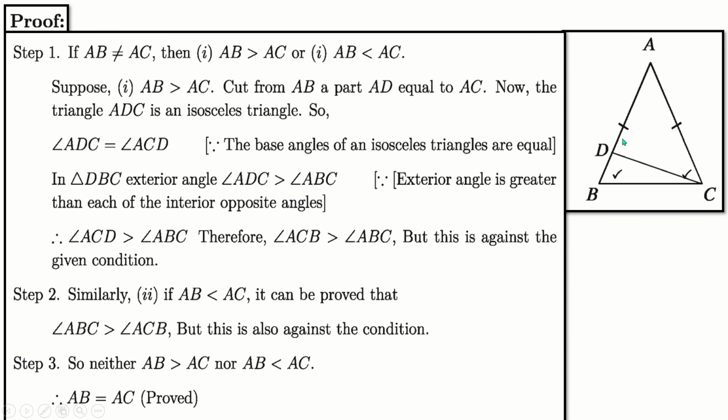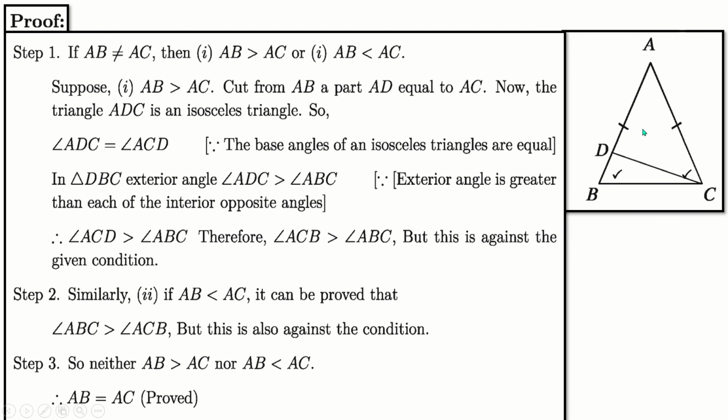This is an exterior angle. An exterior angle is greater than either of the interior opposite angles, because the exterior angle is equal to the sum of the two opposite angles.